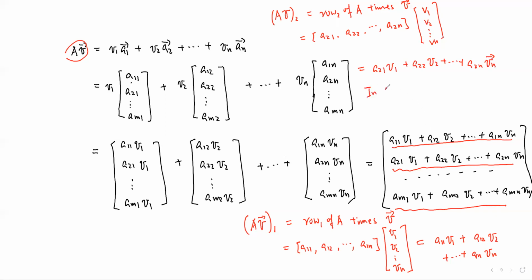Okay, now in general, the ith entry of A times V is row i of matrix A times vector V. The entries of row i are Ai1 times V1 plus Ai2 times V2, and so on, up to Ain times Vn.